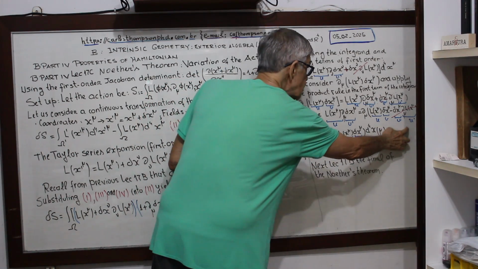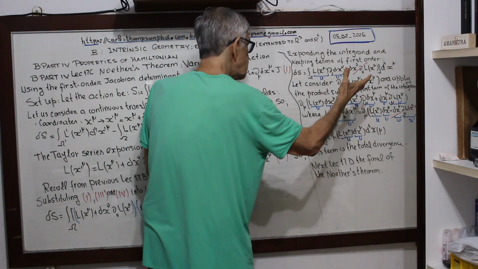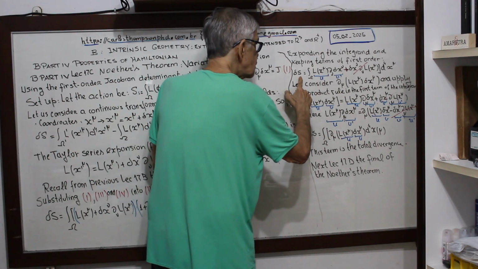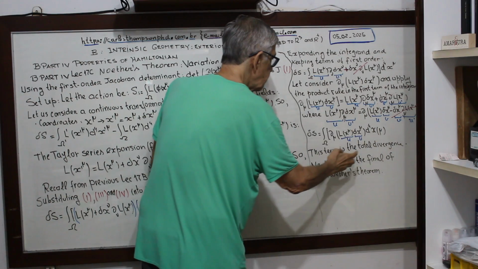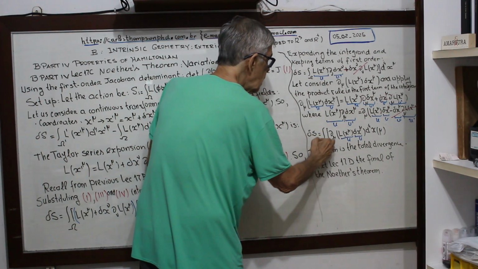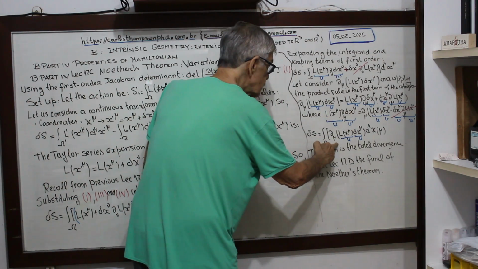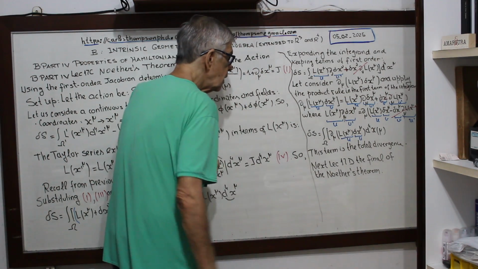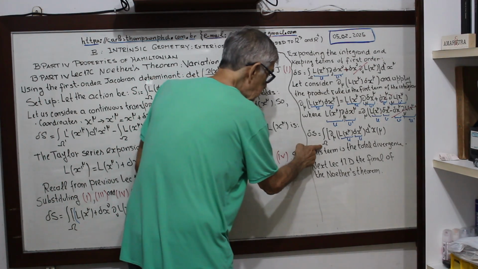Easy, you just cancel this term with that one, because now I'm talking about delta S. So this leads to delta S being the integral of the total divergence of this term, uv, over the space.